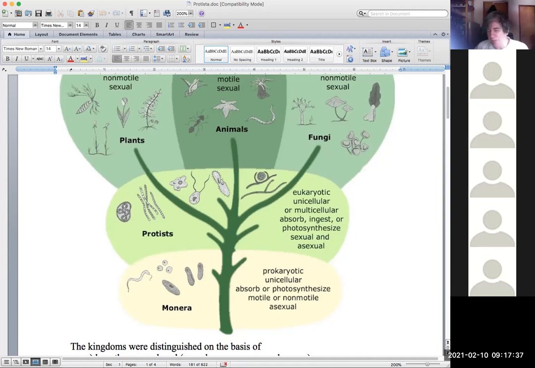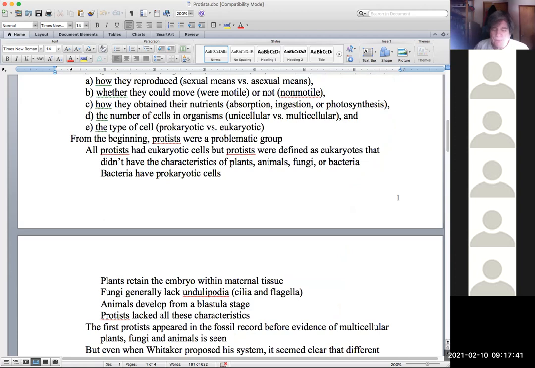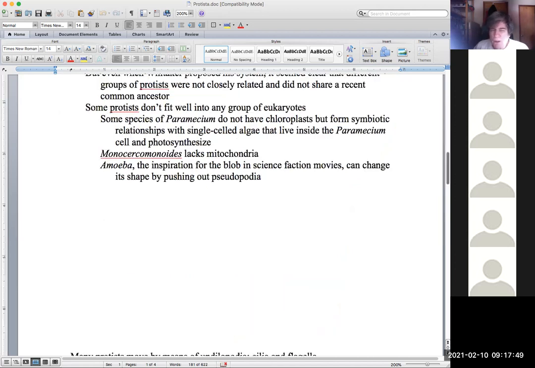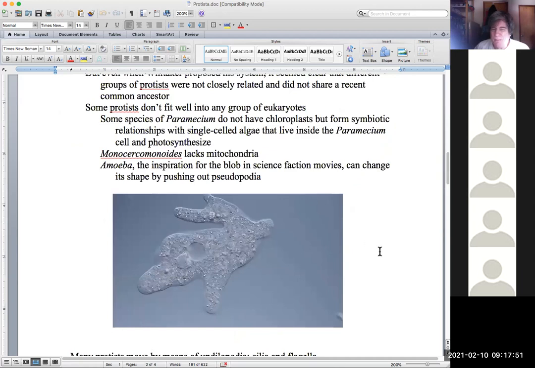We had plants and animals and fungi shortly after we had protists. So protists are a problem, and not only because they don't have common characteristics, but when we look at protists, some of them don't really fit well into any group of eukaryotes or prokaryotes.